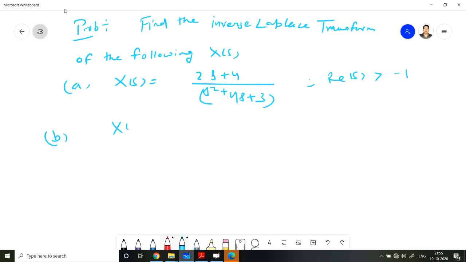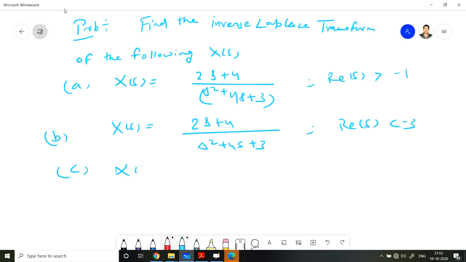Part b: X(s) is equal to (2s plus 4) divided by (s square plus 4s plus 3), and the real part of s is less than -3. And part c: X(s) is equal to (2s plus 4) divided by (s square plus 4s plus 3), and -3 is less than the real part of s, which is less than -1.